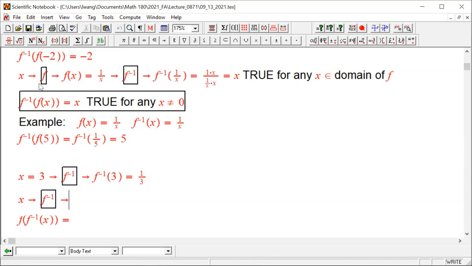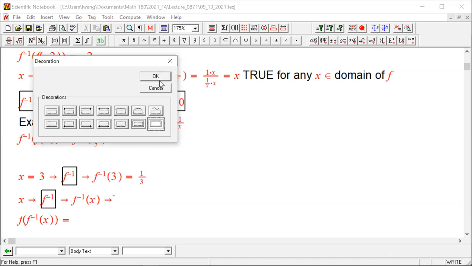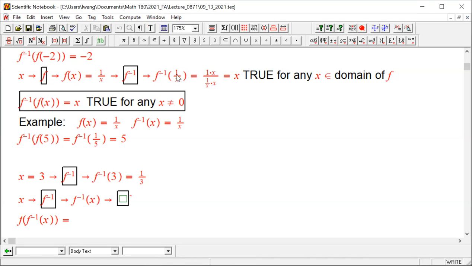Out comes f inverse of x, and this will be used as the input for f. Guess what this will be equal to?